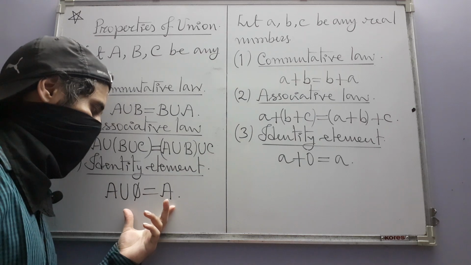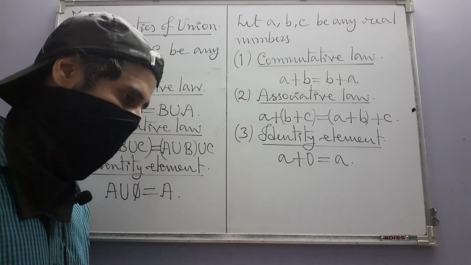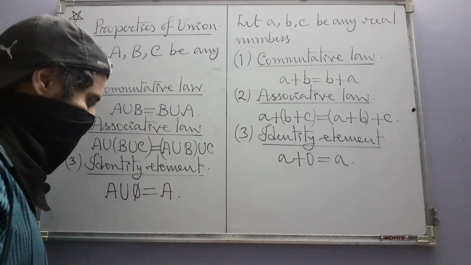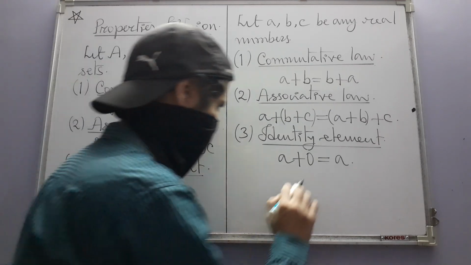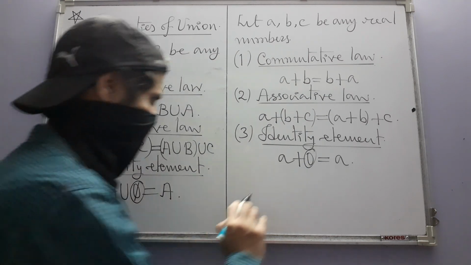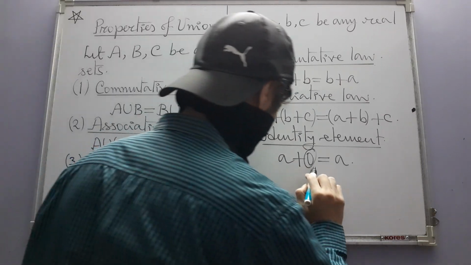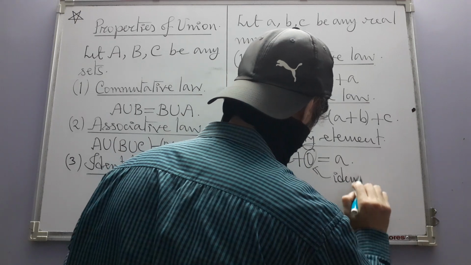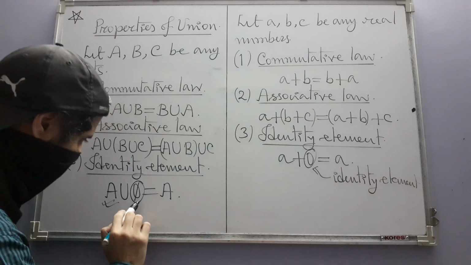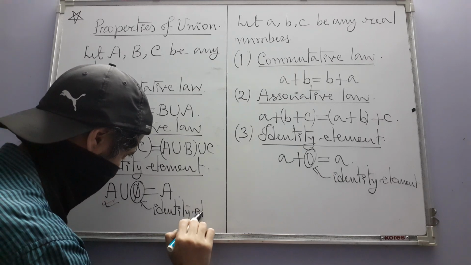In a system where you have some objects and an operation which helps you combine two objects of that type and gives you a third object, any element like this which has no effect at all on the other element, so that after doing the operation you get back that other element, this type of elements are called identity element.